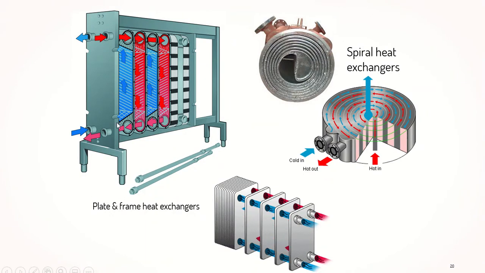This would be an example of a plate and frame heat exchanger. As you can see, the hot fluid will go inside here, and the energy will be transferred between the hot and the cold fluid, where the hot fluid goes interchangeably with the cold fluid in layers.